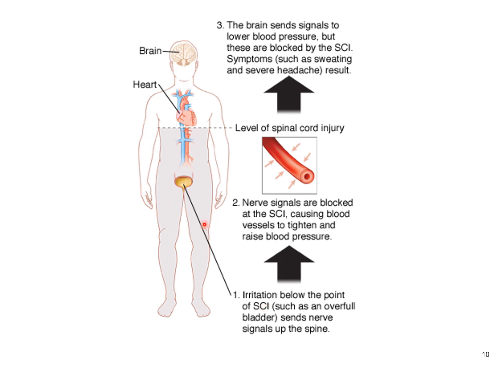And what it does is now it's going to try to send nerve signals up the spine. Okay, from the problem, it's trying to communicate to the brain and say, hey brain, I have a full bladder here. Can you try to correct it? However, because there is a spinal cord injury, the message gets stuck here, right?